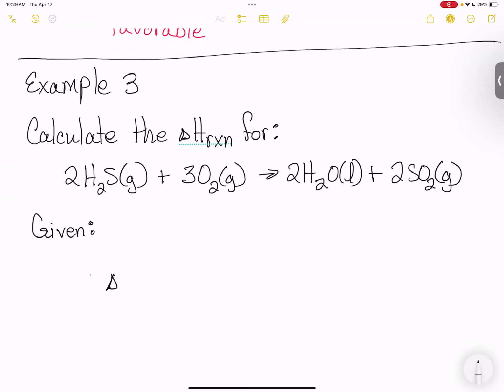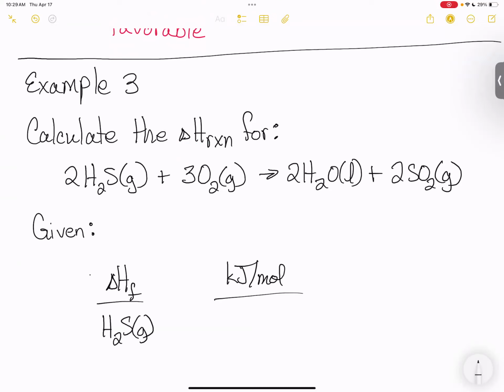the enthalpy of formation in kilojoules per mole of H2S gas is negative 20.1.